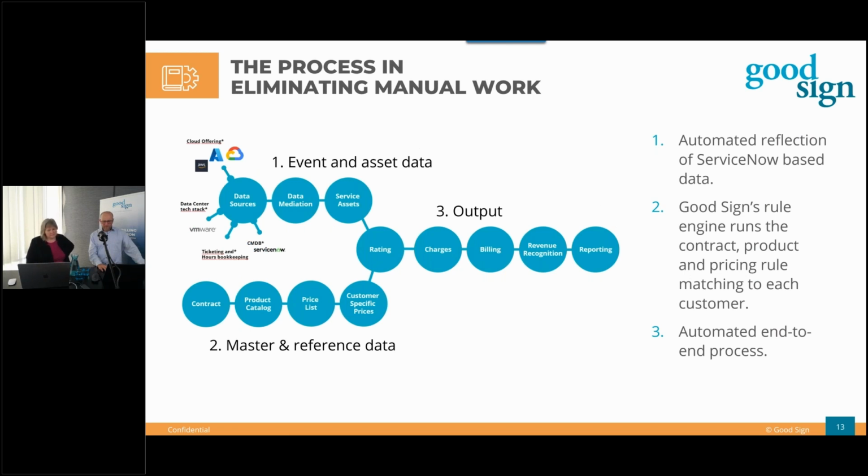So, in a little bit more graphical format here, how are we saying that we can help in eliminating the manual work? It's really combining two different streams. You have data sources, one of them being ServiceNow, CMDB, business services, whatever there is.